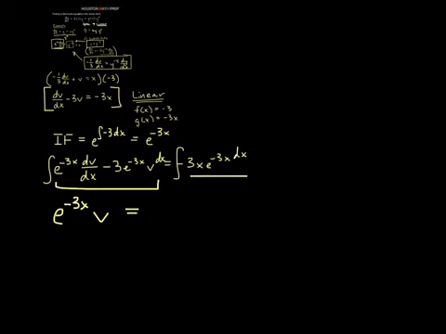Equals, and now to integrate this side we would need to do it by parts. Maybe I'll go ahead and look at doing the tabular method here. So we'll choose u to be negative 3x, and we'll choose our dv to be e to the minus 3x dx.